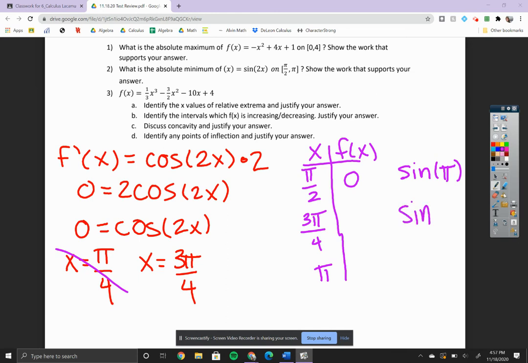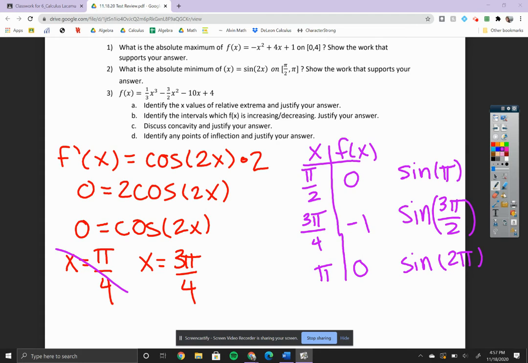Then sine of 3 pi over 4 times 2 would be sine of 3 pi over 2, which would be -1. And then lastly, we have sine of 2 pi. And sine of 2 pi is also going to be 0.